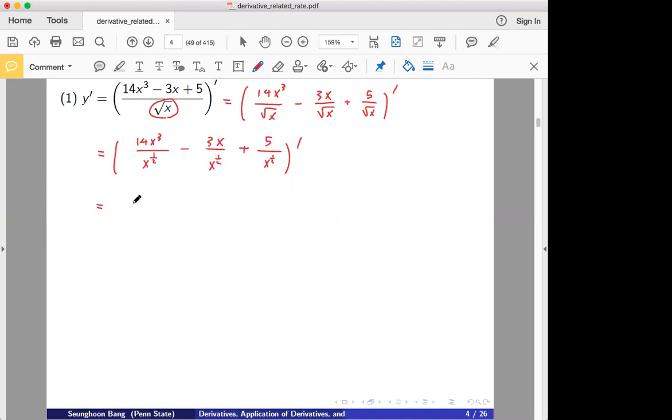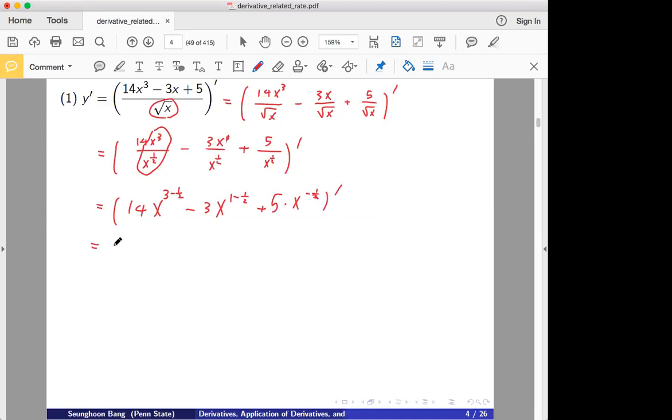So you can simplify: x cubed over x to the 1/2 is x to the 3 minus 1/2, minus 3 times x to the 1 minus 1/2, plus 5 times, changing to a negative exponent, x to the minus 1/2, prime.